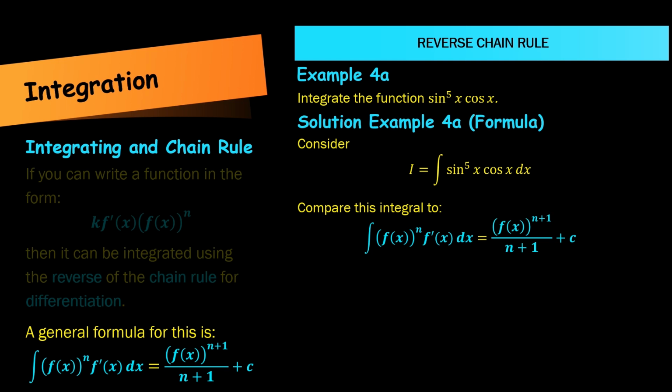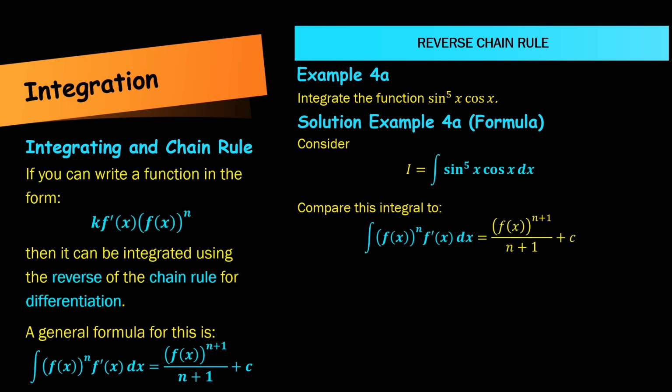Notice also that if we differentiate f of x, we should get f dash of x. And so, looking in our integral, if we differentiate sin x, we obtain cos x. So we can actually apply this formula. So we let f of x equal sin x, and of course this implies that f dash of x equals cos x.